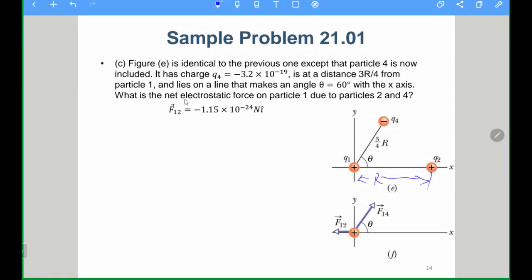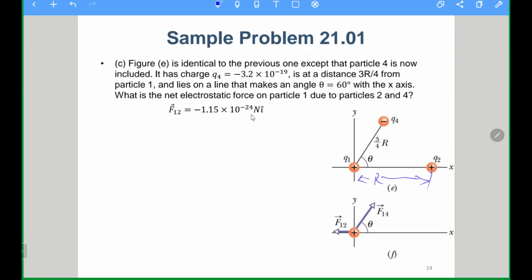So what is the net electrostatic force on particle 1 due to particle 2 and 4? So still, the setting of Q1, Q2 is the same. So F12 is still these values.